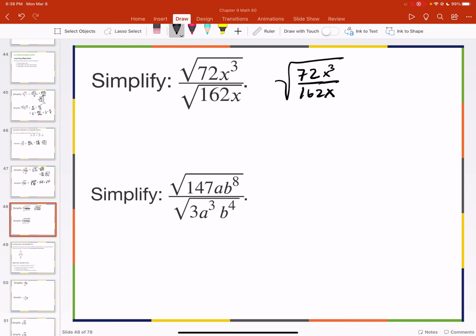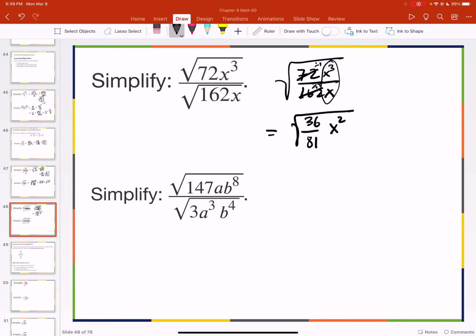Well, I know that at least 72 and 162 are both even, so let's go ahead and divide top and bottom by 2. Then you can reduce that to the square root of, half of this is 36, half of this is 81. And then x cubed over x just becomes x squared.